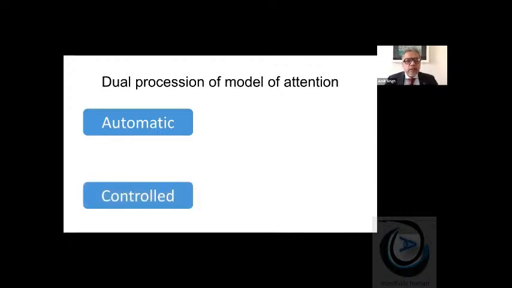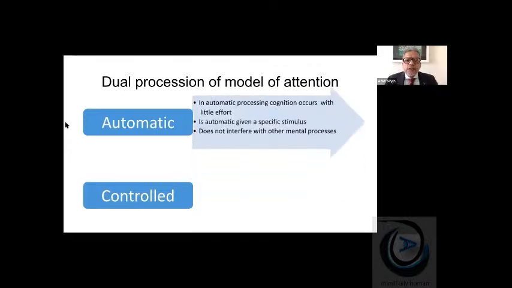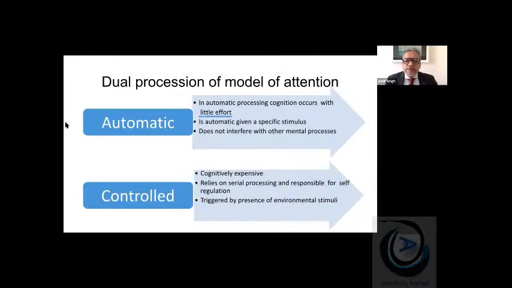So automatic is because we are cognitive misers. In automatic processing, cognition occurs with little effort. It is automatic to a specific stimulus and does not interfere with other mental processes. So basically, we do not have to put in much effort. But when it is controlled, it is expensive, which means we really have to think.